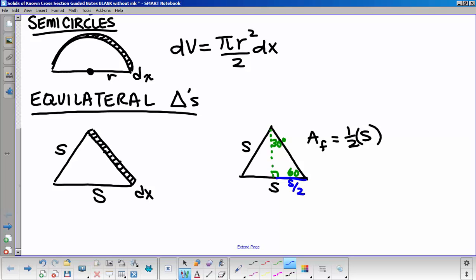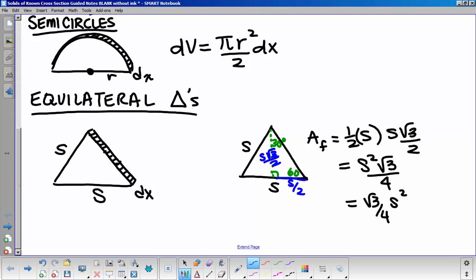And then this is going to be s root 3 over 2, because x is equal to s over 2, this would be x root 3, and this would be 2 times s over 2, which is just s, which we expected. So what's the height of this one? s root 3 over 2, yes. So if we simplify this, this would be s squared root 3 over 4, or we could write this as root 3 over 4 s squared. So what would the volume then be?